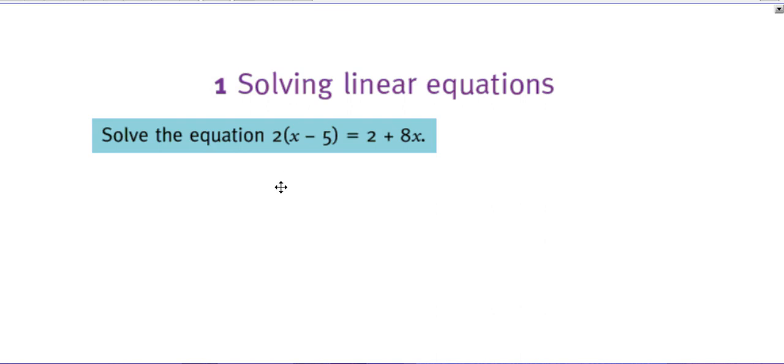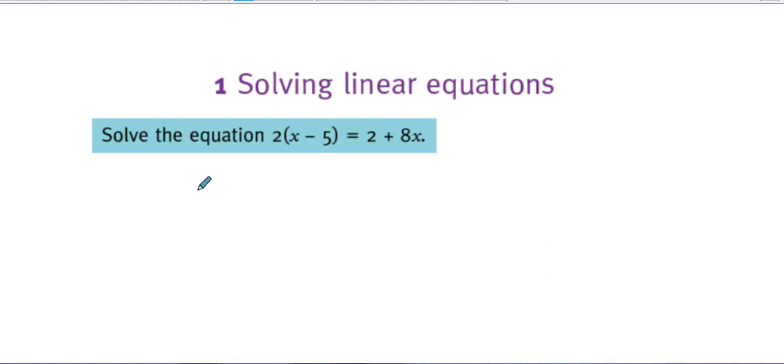But Year 7 and Year 8, you can also make a small follow-up on this and see if you can catch up. All right, so without further ado, let us start solving linear equations.